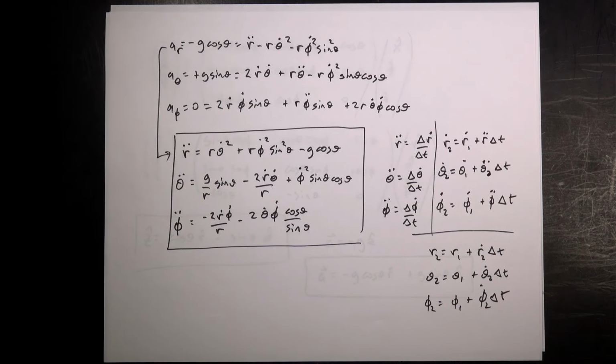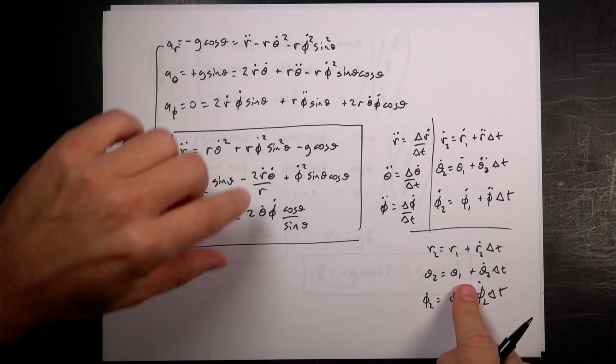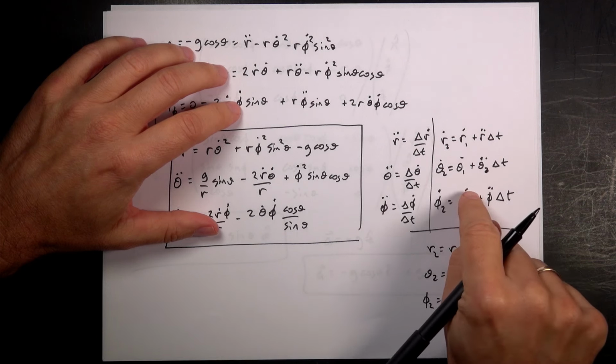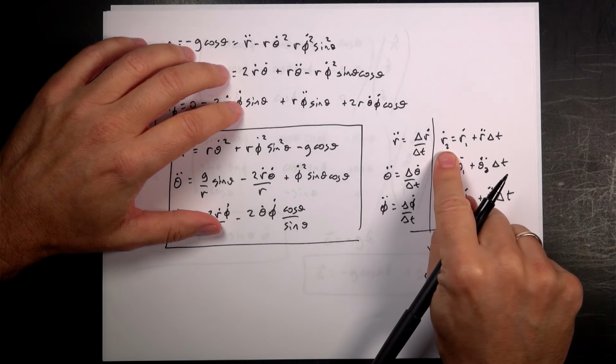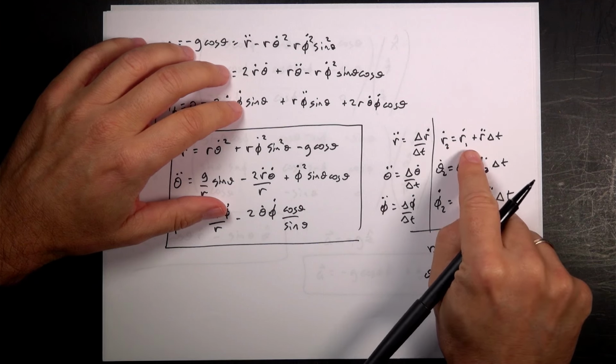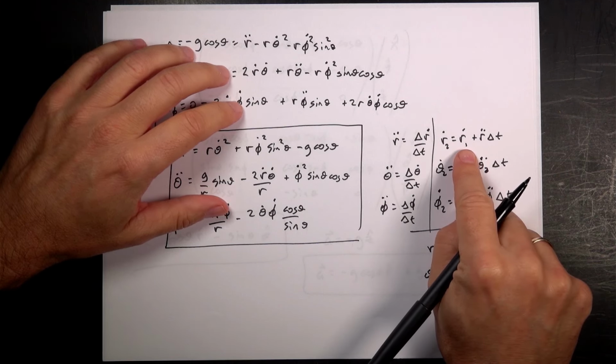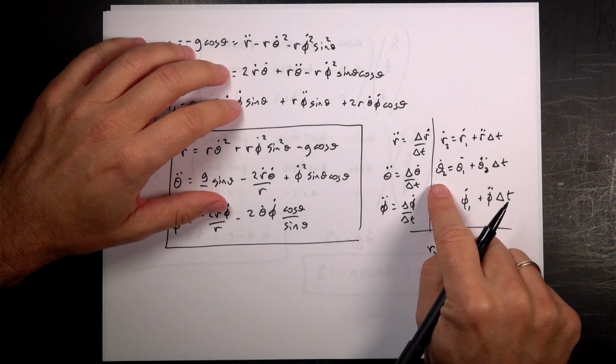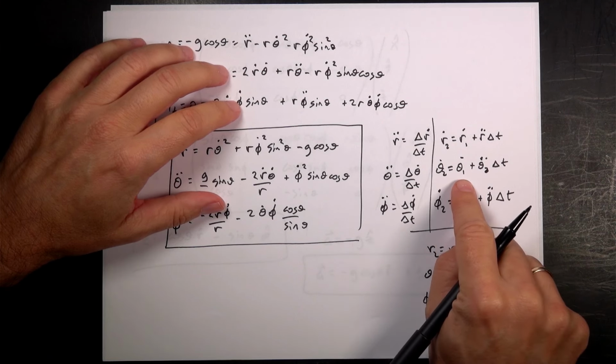Now there is a problem. In order to do this calculation, if I want to find the r velocity at the end of the first time interval, I need the r velocity at the beginning of the first time interval. If I want to find theta velocity at the end of the time interval, I need theta dot at the beginning.